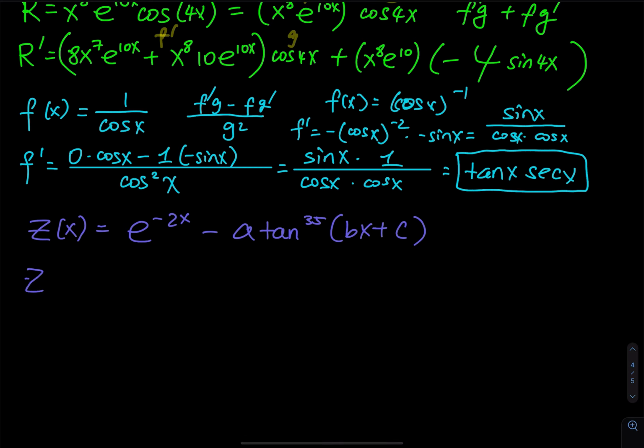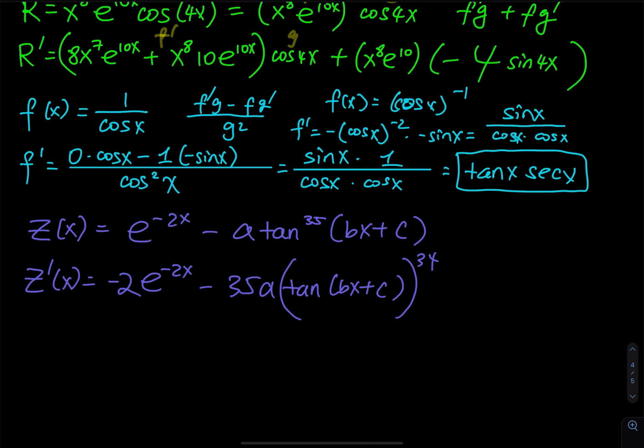So z prime, you have e to the negative 2x, the derivative of the exponent is negative 2, and then what is the derivative of tangent? Oh, this one you have to bring the 35th power down, right? So you have a minus a, actually 35a, and then tangent bx plus c raised to the 34th power.